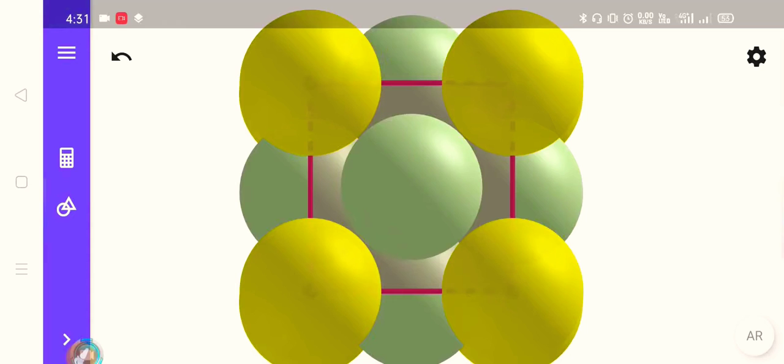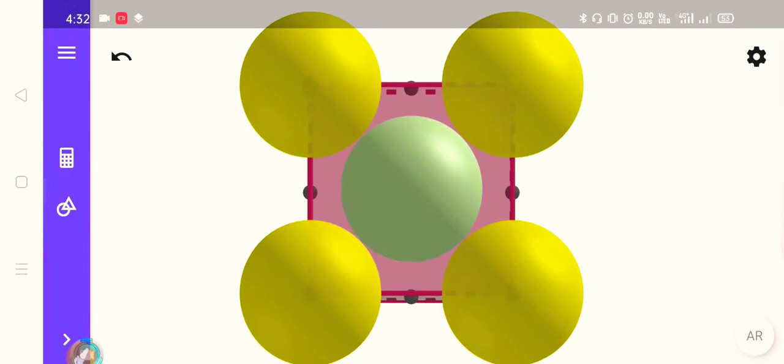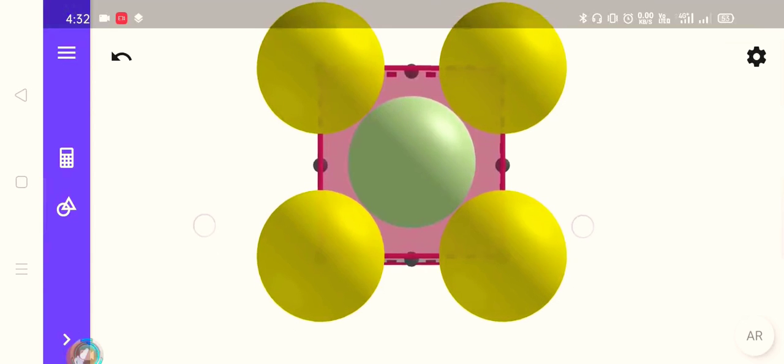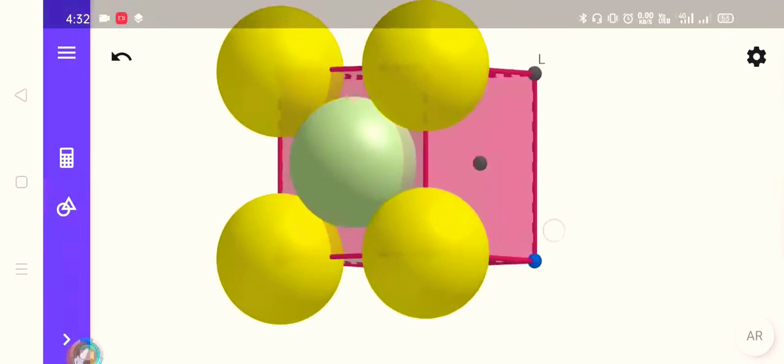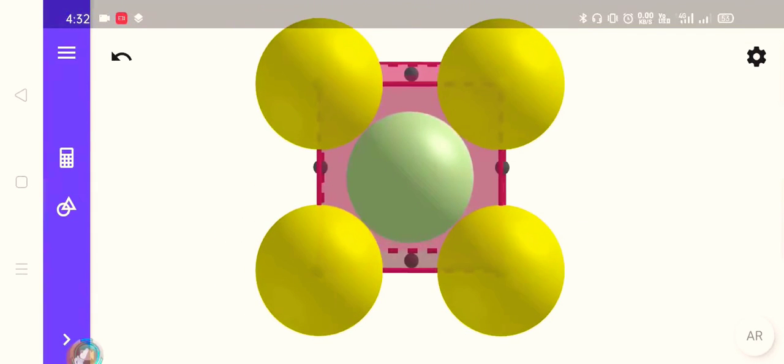Now let us delete additional spheres which we do not need right now. That means we are just ignoring them. They will be present, but to simplify our figure, let us just remove them for some time. Okay, so we removed additional spheres, and we have only spheres present at one face.